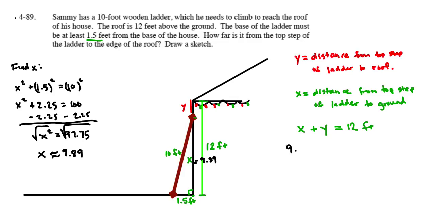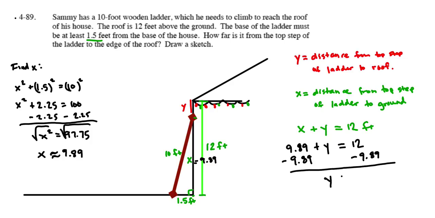We're going to say 9.89 plus y should equal 12. So let's subtract 9.89 from each side. And we should end up with y equals 12 minus 9.89.